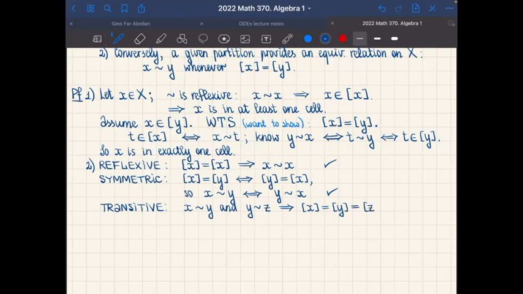In particular, the cell defined by x is equal to the cell defined by z. So x is equivalent to z. And this is a relation that satisfies all three axioms of the equivalence relation. And therefore, we proved the other direction of the theorem.